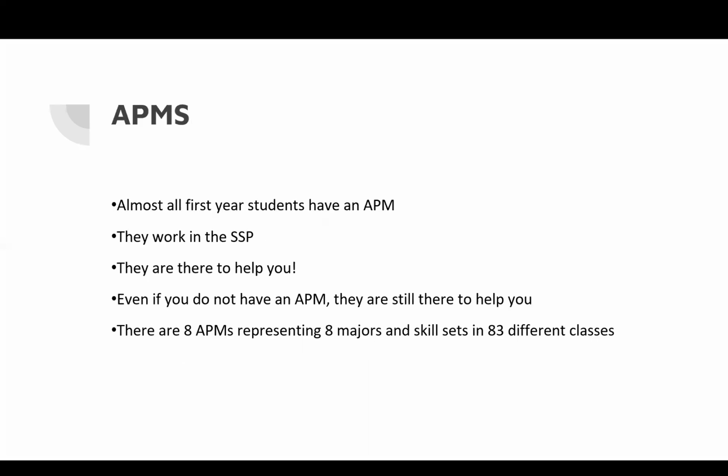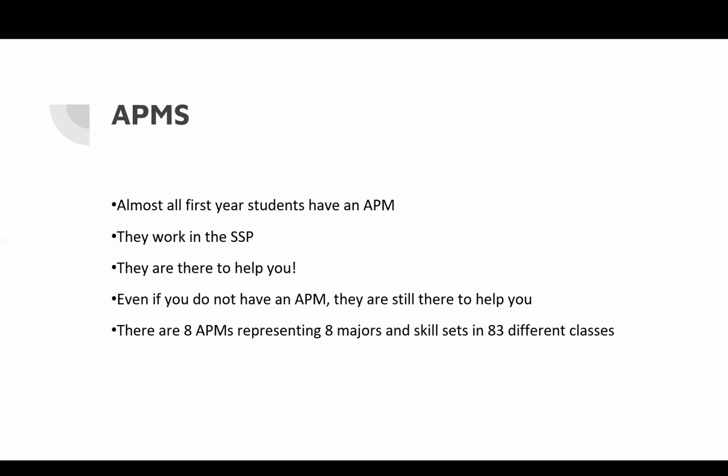Then there's the APMs, which I already touched on. There are 8 APMs. They work in the SSP. All APMs have 5 in-person hours in the SSP, and they have 3 personal Zoom hours that you can use to reach out to them. Almost all freshmen have an APM. There are a few exceptions, but even if you specifically do not have an APM, they are still there to reach out to you. There are 8 APMs representing 8 different majors, and they have skill sets in 83 different classes.